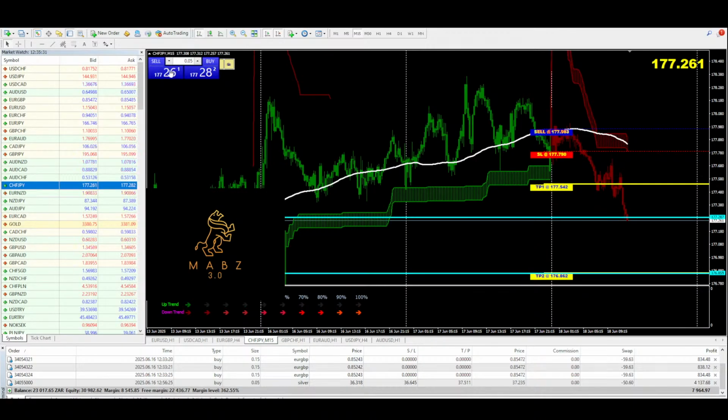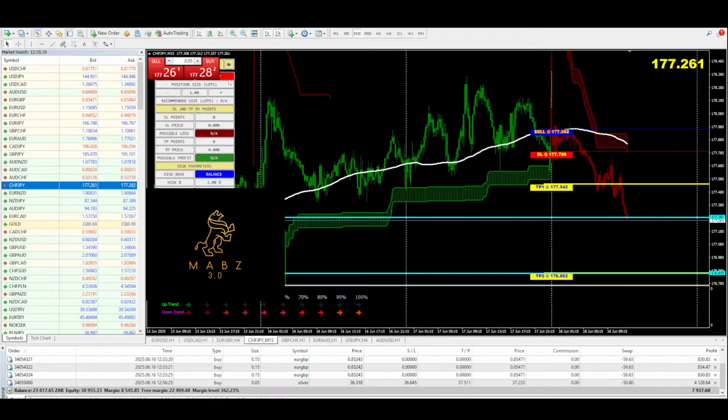Let me just get in here. Wait, let's calculate first, because I want to see if I can trade other things. So which stop loss are we going to use? 177.790, and then take profit is going to be 176.862, right?